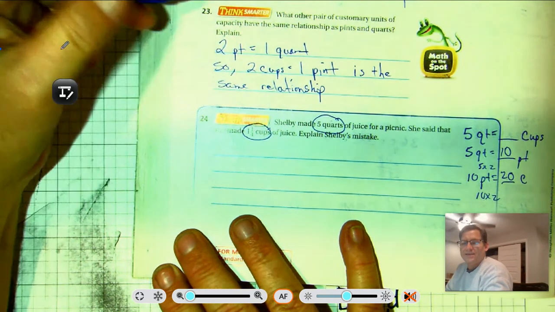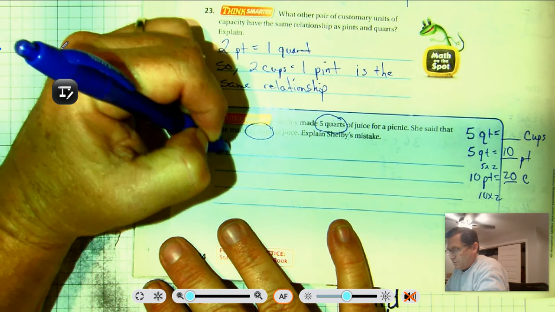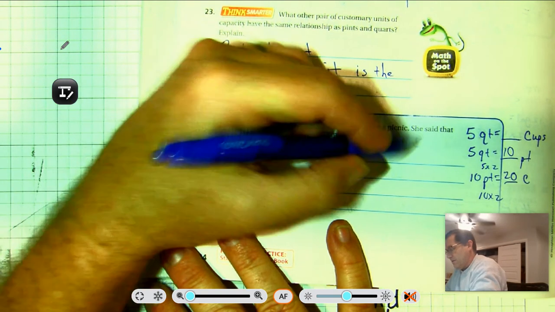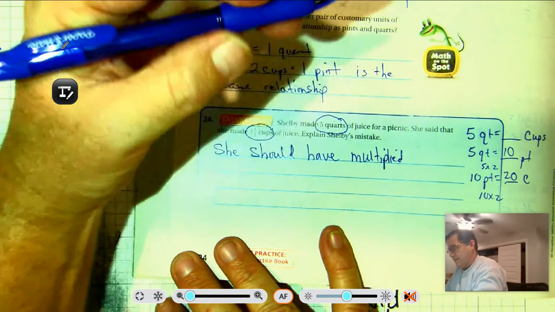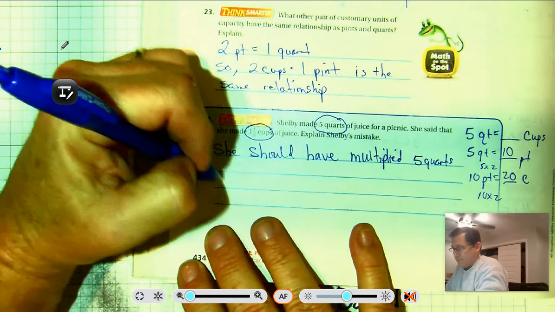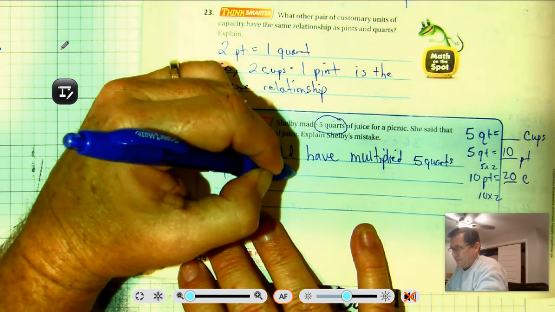I think she divided. She should have multiplied 5 quarts by 2 to change to pints.